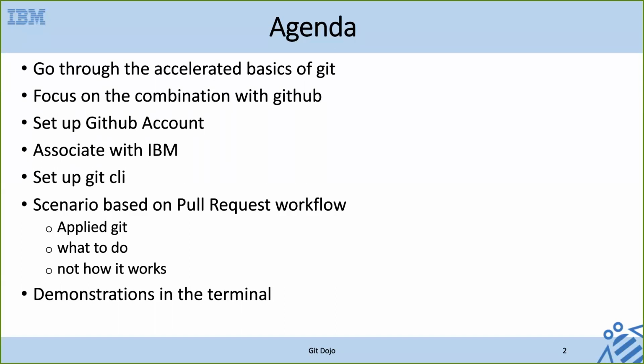We're going to set up your Git CLI. So Git is primarily a command line based thing. There are lots of different graphical UI interfaces available in different text editors, VS Code, Eclipse.